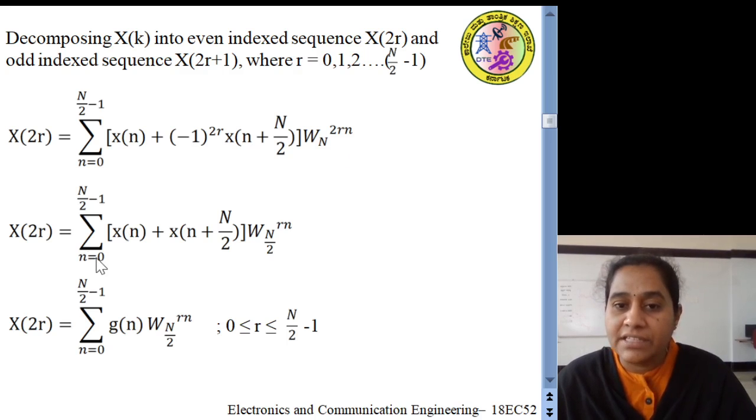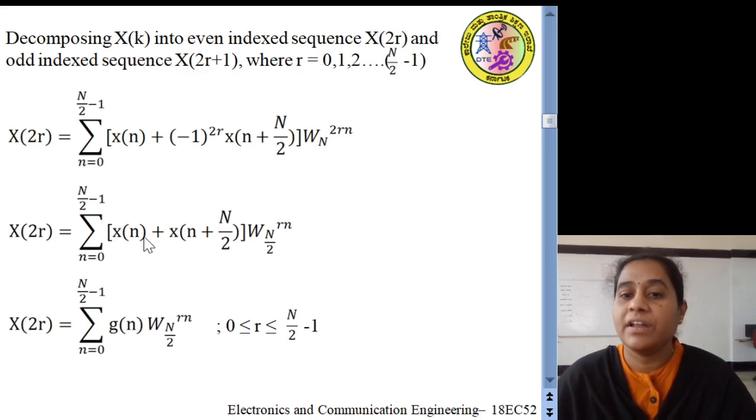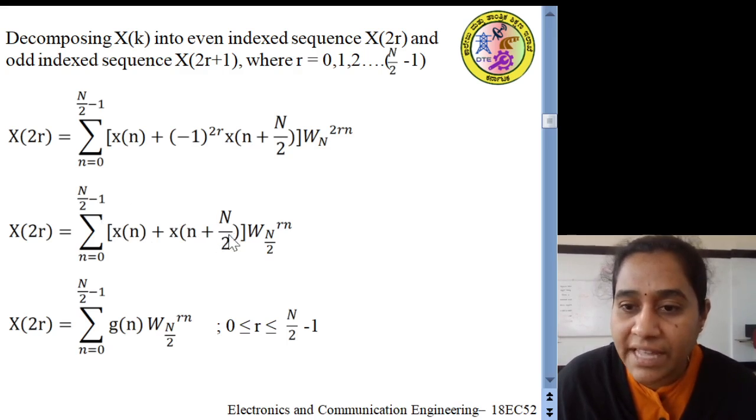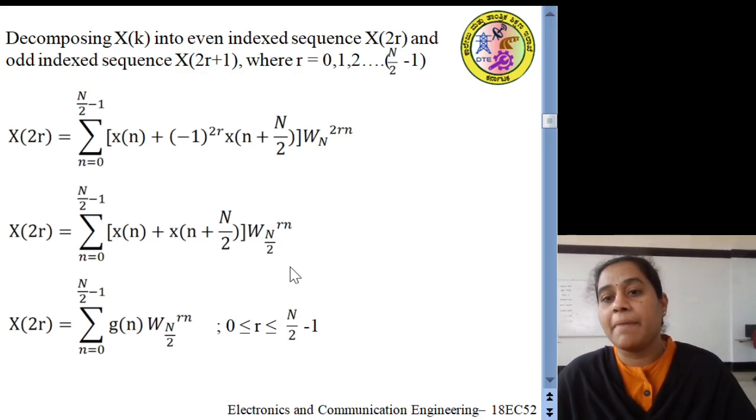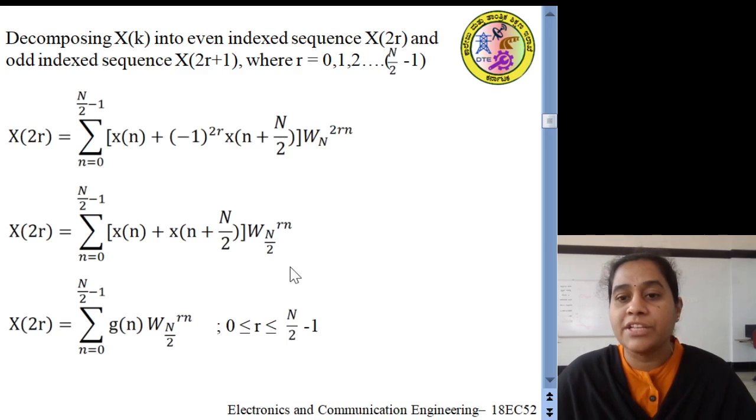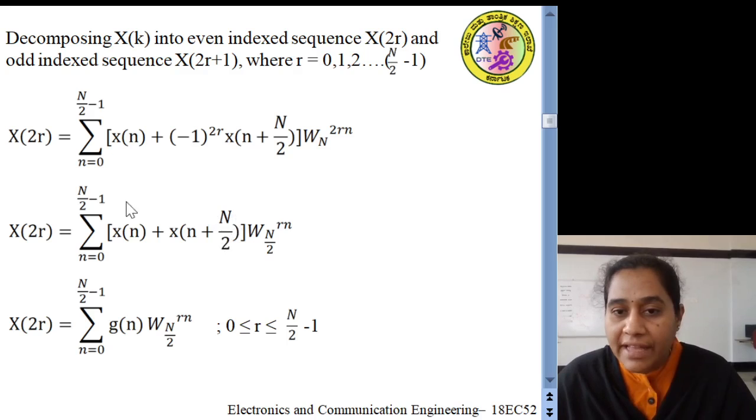If we simplify this, we obtain X of 2r as summation n varying from 0 to N by 2 minus 1, x of n plus x of n plus N by 2, whole thing multiplied by WN by 2 raised to the power of rn.